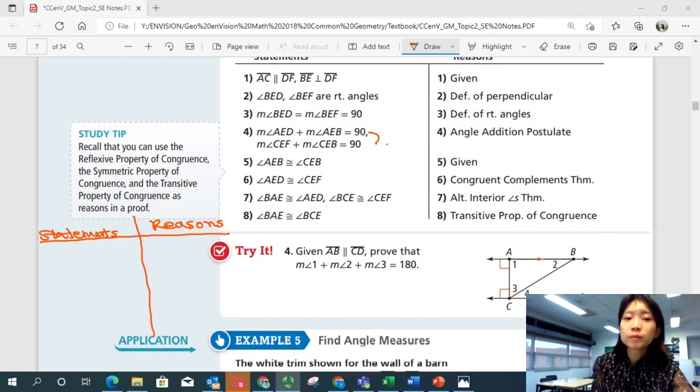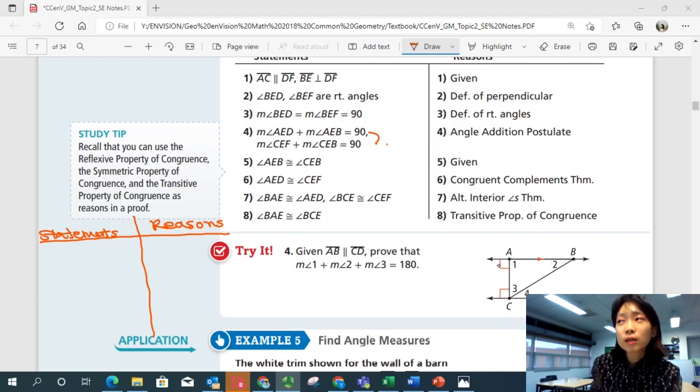Okay, are you ready? So, how do we start? We want to make sure that the sum of these three angles add up to 180 degrees. But how do we know?